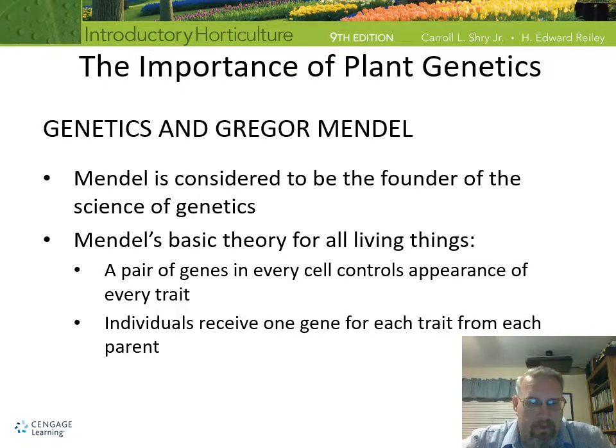So plant genetics, it's a very important thing. And this gentleman named Gregor Mendel, he was basically considered the founder of genetics, and he started to test out different theories he had on genes and how different cells were made, and basically how we ended up with the different characteristics we have, our blue eyes, our say brown hair, or brown eyes.